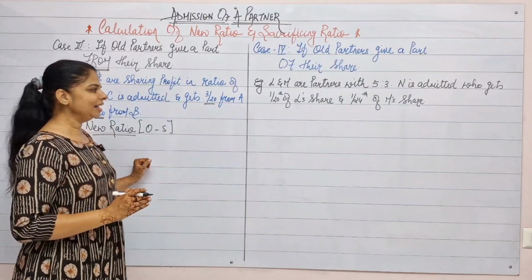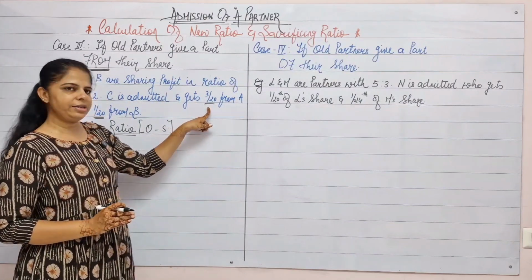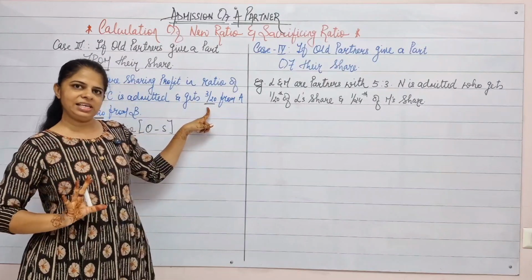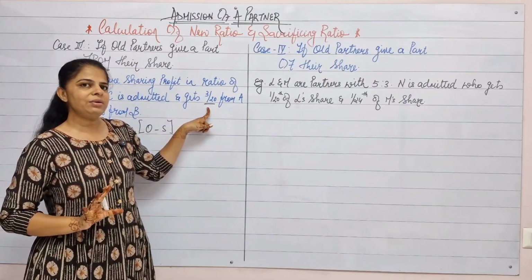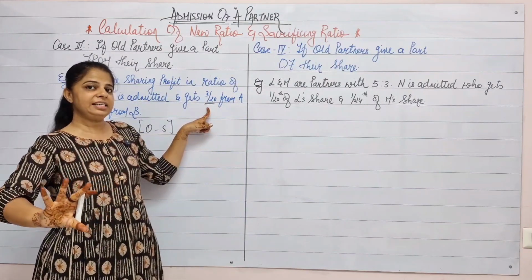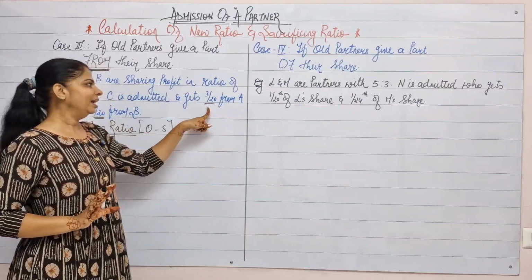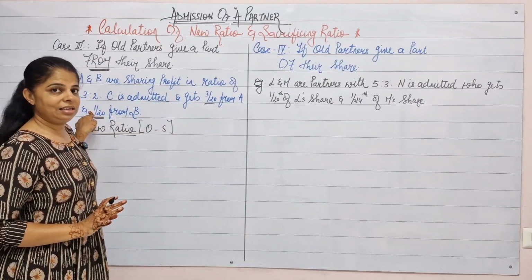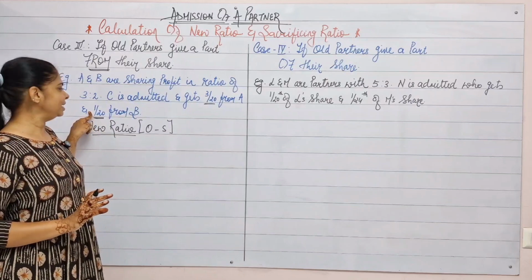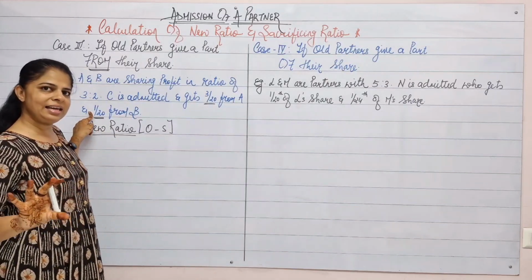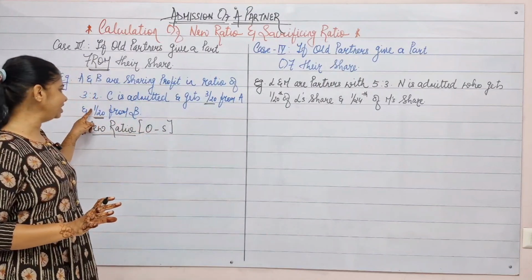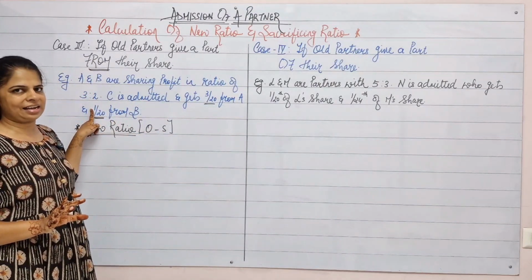C is coming and he is getting 3/20 from A. A में से उसको 3/20 मिल रहा है, मतलब A उसके फेवर में 3/20 का सैक्रिफाइस कर रहा है, and he is getting 1/20 from B. मतलब उसे B के पास से 1/20 मिल रहा है. It implies that B उसके फेवर में 1/20 का सैक्रिफाइस कर रहा है.